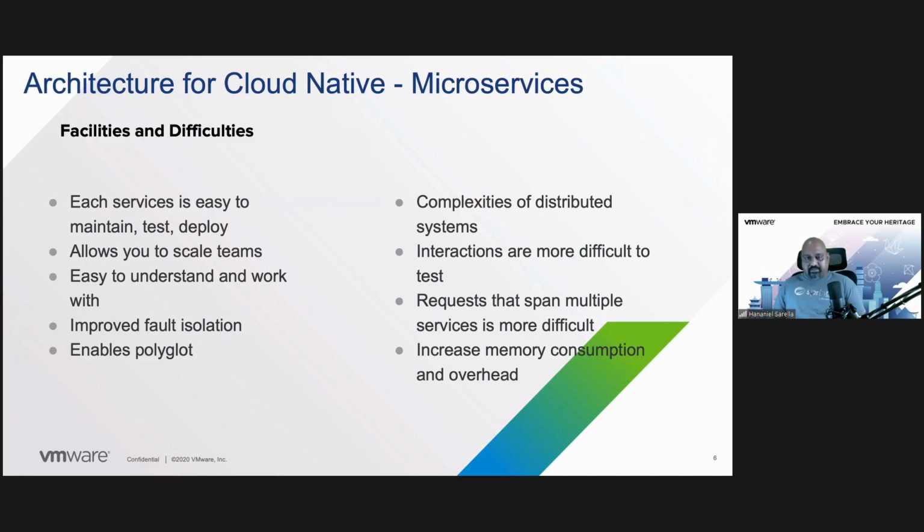The interactions between these services are also more difficult to achieve and to test. And requests that involve multiple services become much more difficult to troubleshoot in production. So there's a whole set of problems that come with adopting a microservice-based architecture.